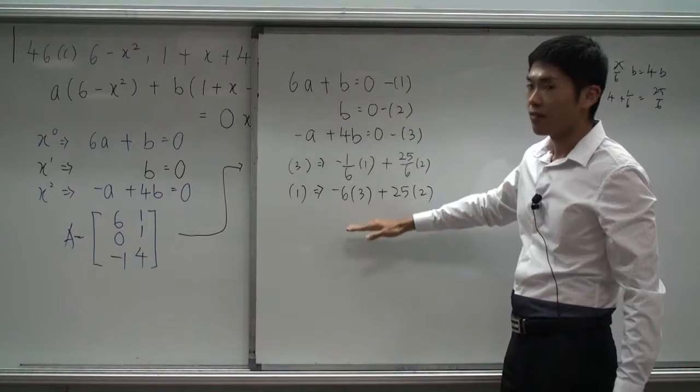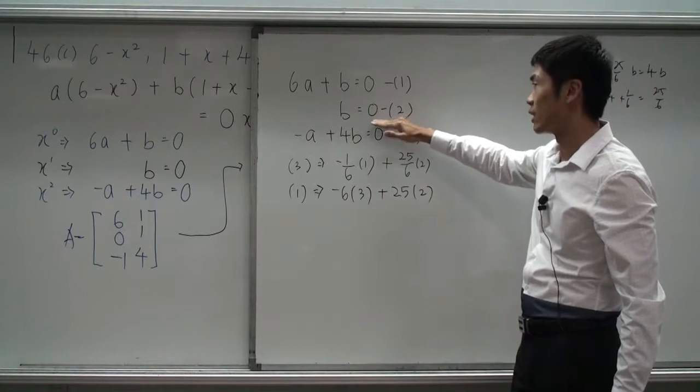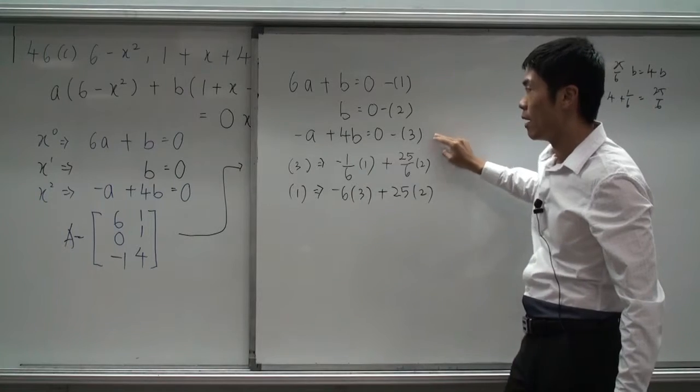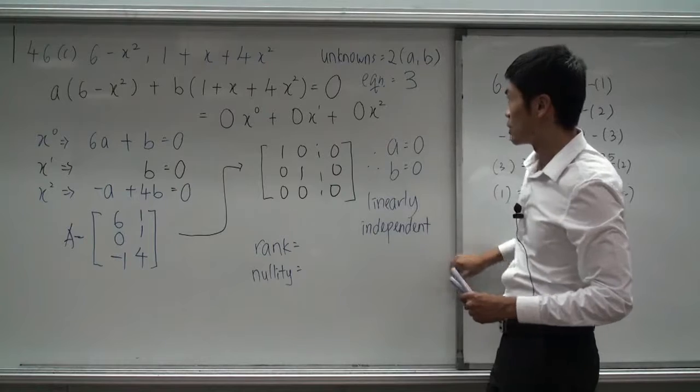I leave it for you to check how you get equation number 2 from a linear combination of equations 1 and 3. And this proves that our assumption is correct.